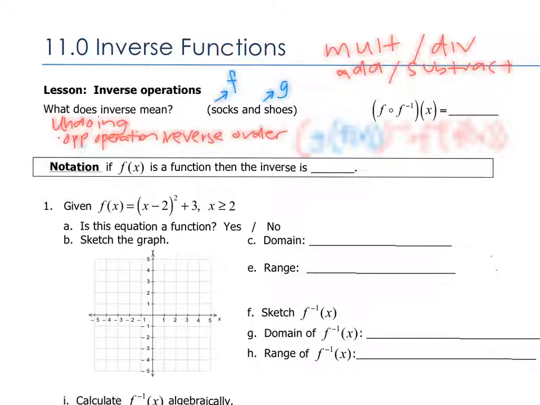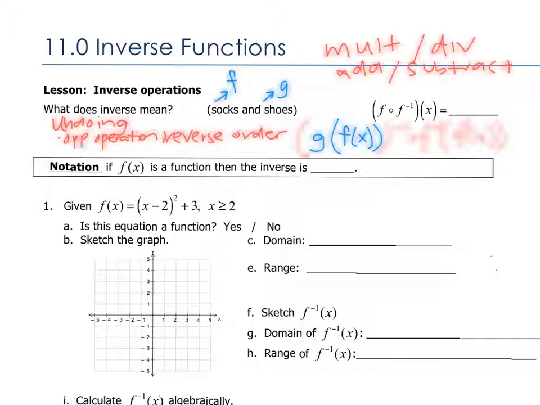The socks. You do the socks first. So to put on your socks and shoes, it would kind of be the notation of socks first, and then shoes, right? Because you do the inside function first.